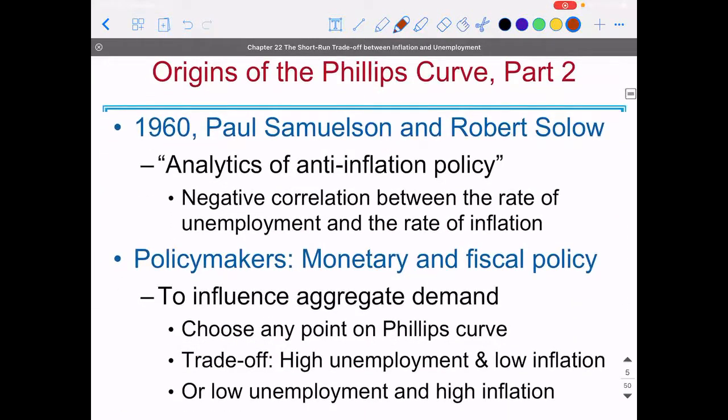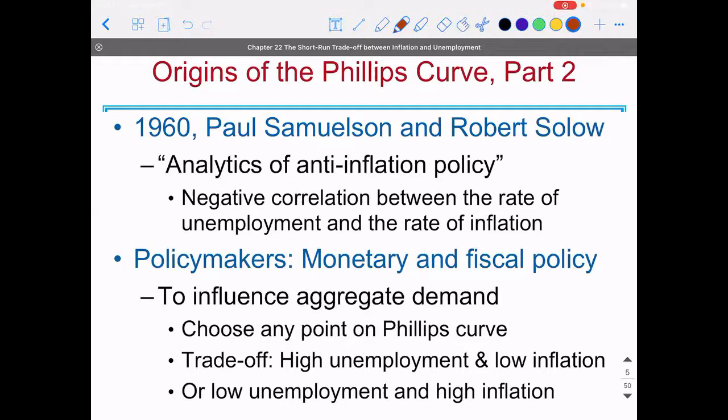And taking that further from the Phillips curve, Paul Samuelson and Robert Solow also showed that negative correlation between unemployment and the rate of inflation as a way to talk about how the Federal Reserve needed to be more proactive about controlling inflation.